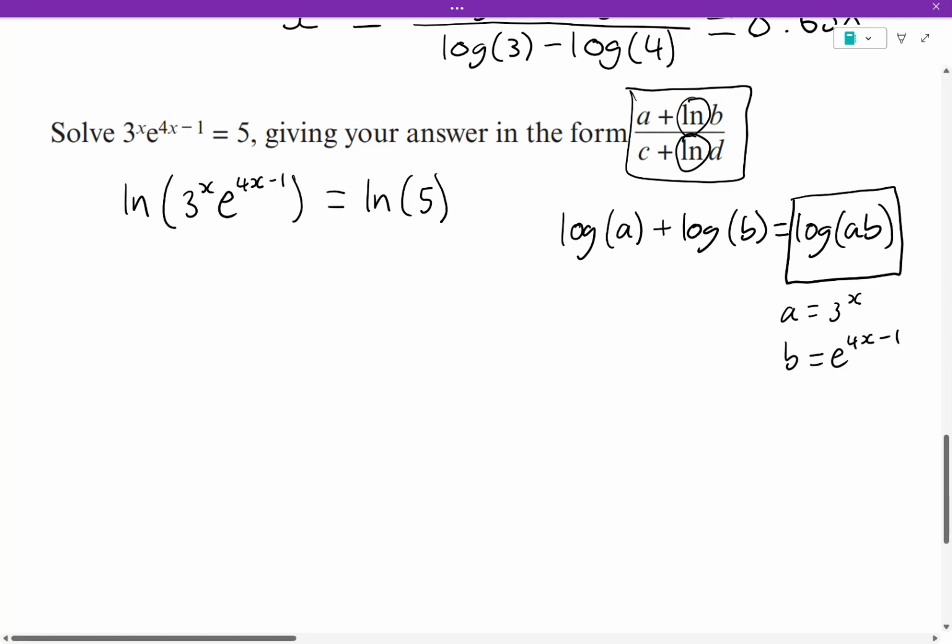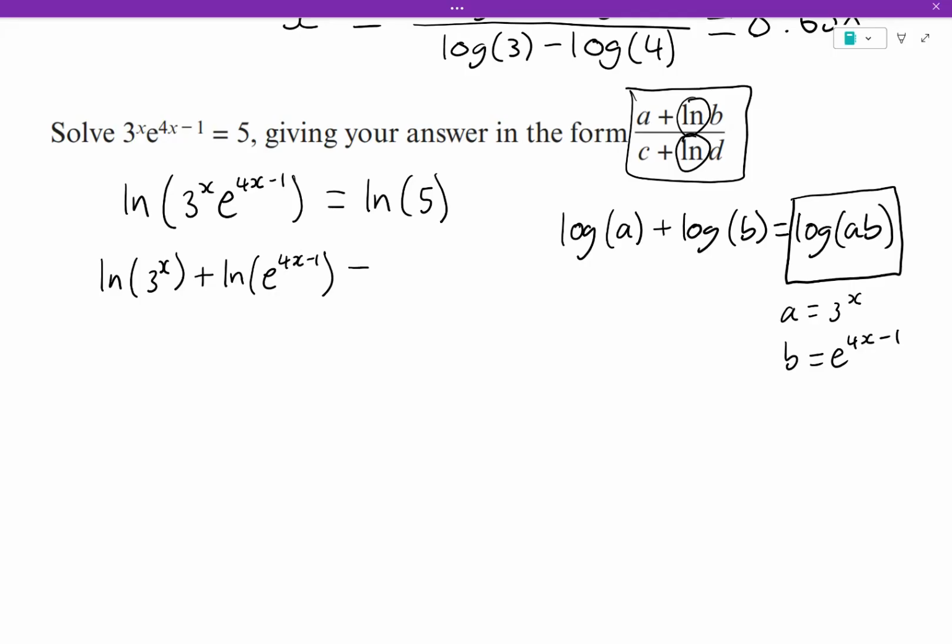And what I can do is separate this into two logarithms with the same base being added together. So I would write ln of 3 to the power of x, plus ln of e to the power of 4x subtract 1, like that. And then that is equal to ln 5.